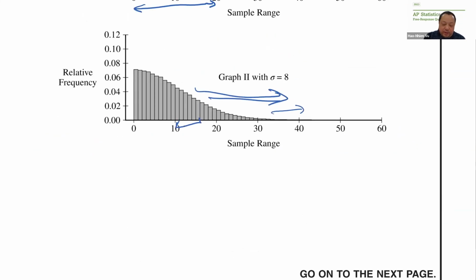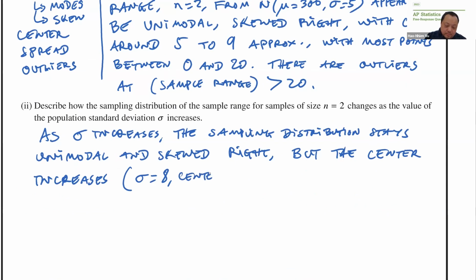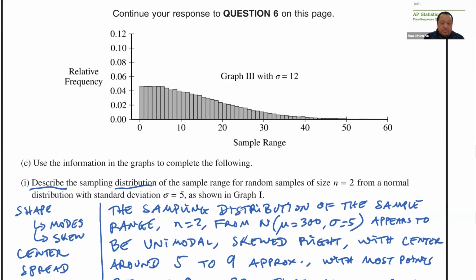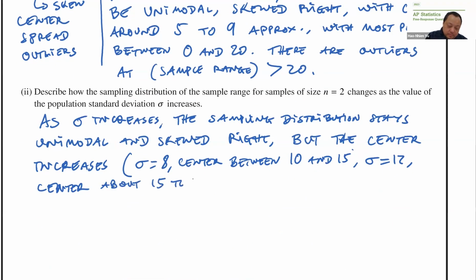When sigma equals 8, the center is down here somewhere, maybe 10 to 15. And when sigma equals 12, center maybe 15 to 20. And the spread also increases.